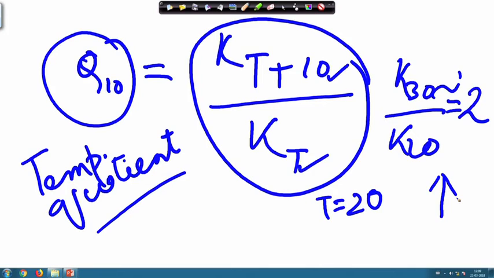All rates of reactions, again be it chemical, biochemical, enzymatic, or microbial, any kind of reaction will follow this for an increase of temperature. From 20 degree to 30 degree it was double roughly.